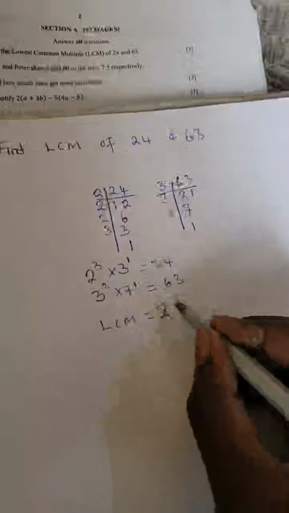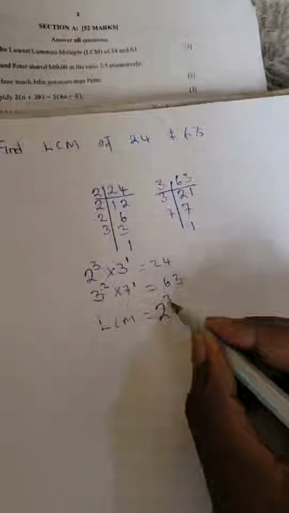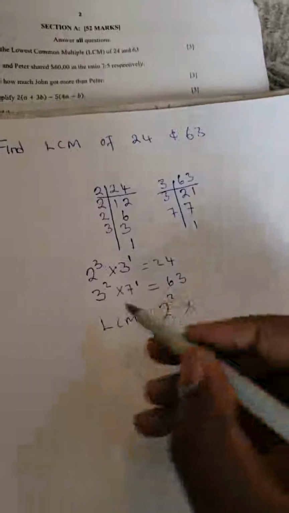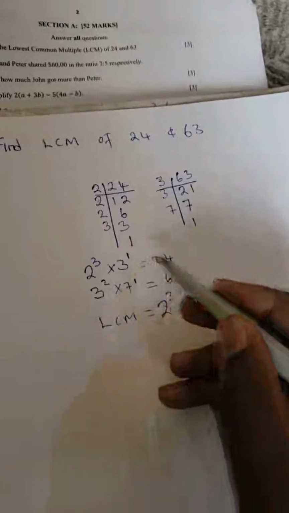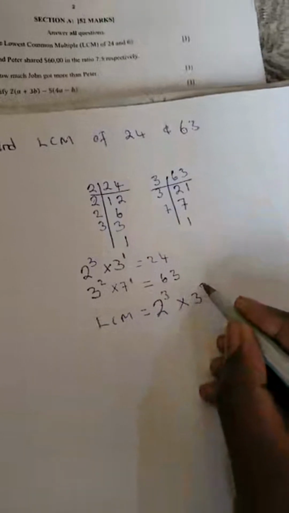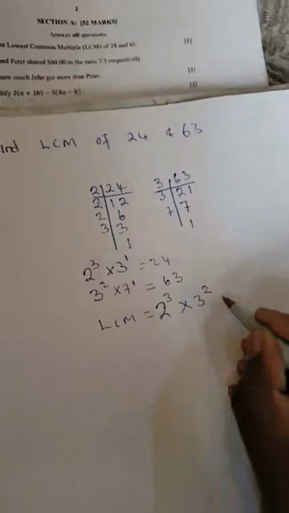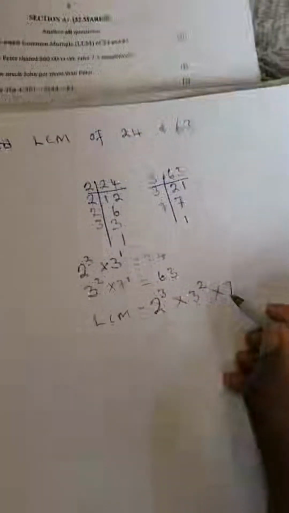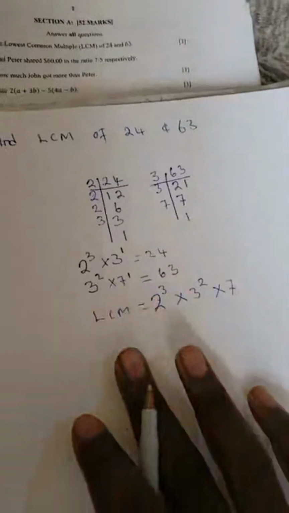So let's start with the 2. 2 with the highest power is 2 to the power of 3. Then we have 3 to the power of 2 and 3 to the power of 1, so we take 3 with the highest power, which is 3 raised to the power of 2, and also 7. Why? Because we are taking all bases.